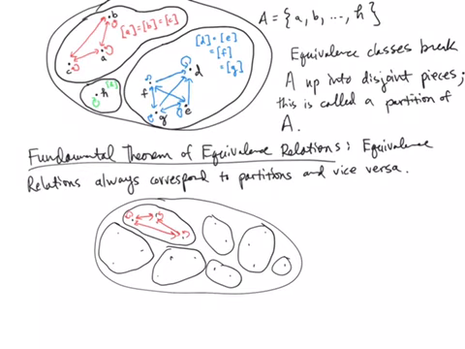And these three elements, they're all going to be related to each other. Right, and these two elements, they're going to be related to each other. And this element's going to be related to itself, and so on. For every subset in that partition, you just say that everything within that little subset is mutually related, and that's going to define an equivalence relation.